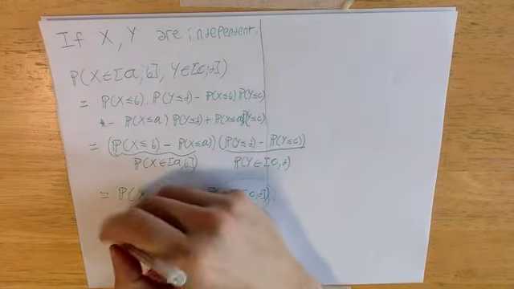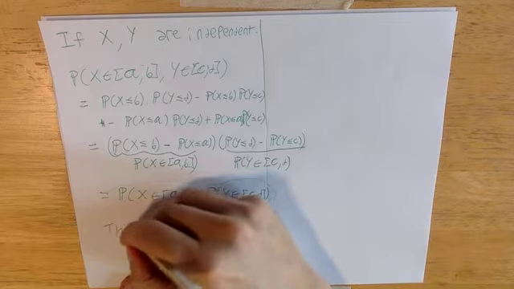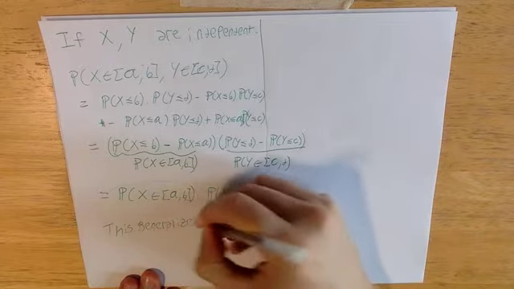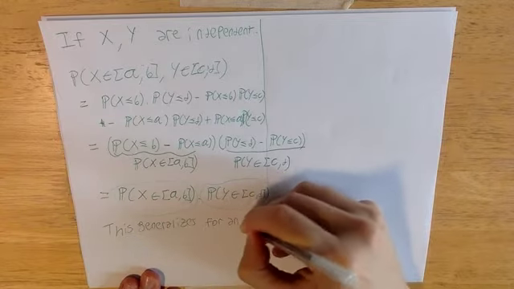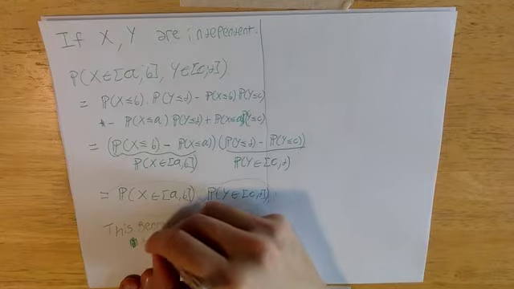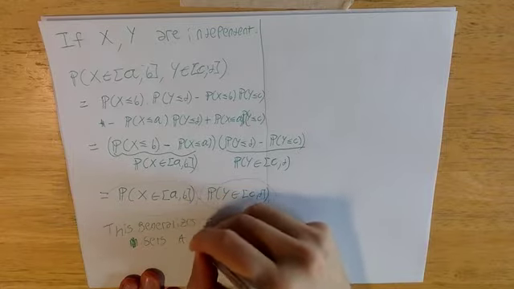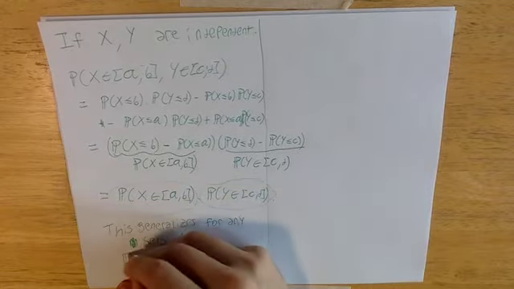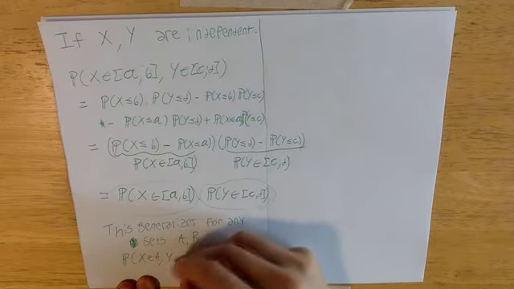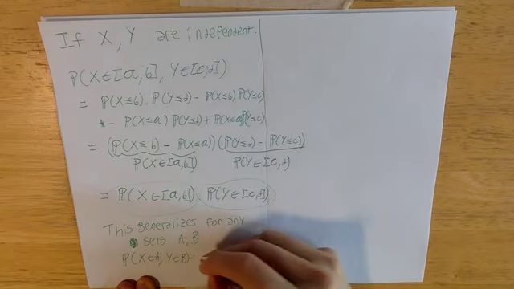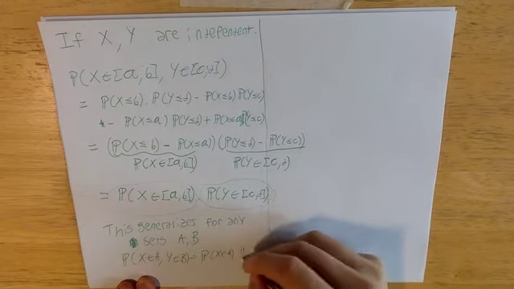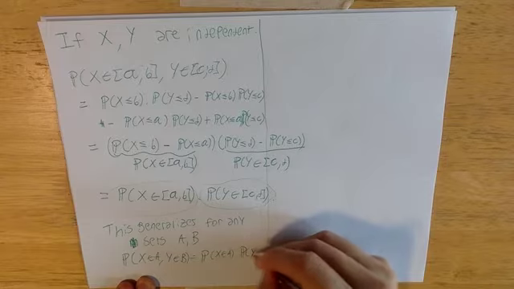And this generalizes for any measurable sets A, B: the probability that X is in A and Y is in B is equal to the probability that X is in A times the probability that Y is in B.